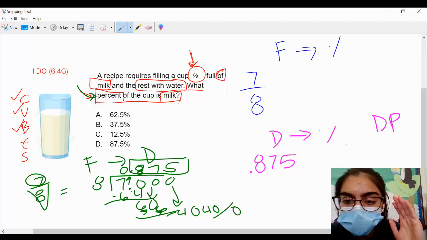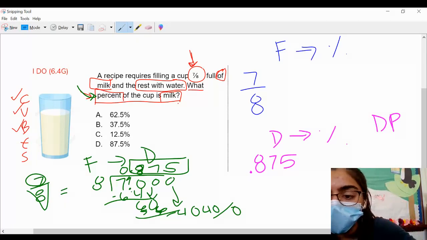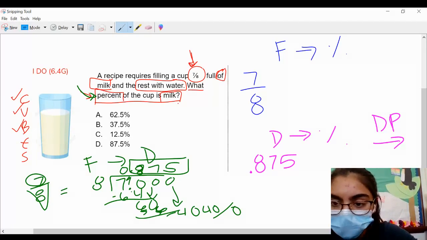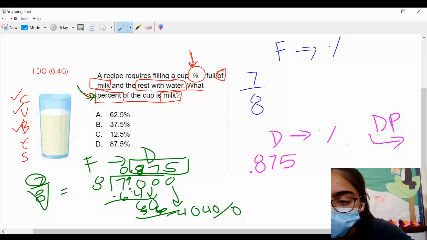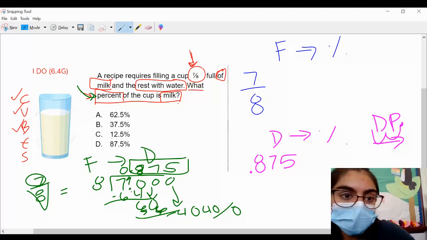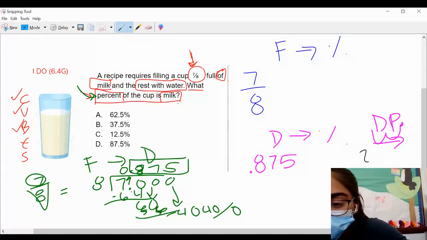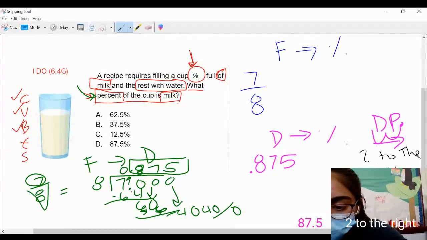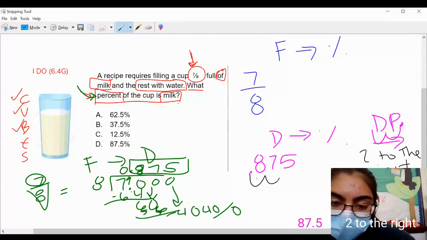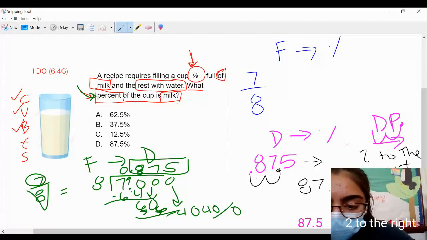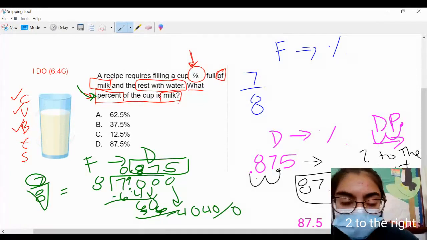Since we're going from decimal to percent, I know I'm going to go to the right to get from the D to the P. I just have to hop 1, 2 to the right. My decimal is going to go there. So it's going to be 87.5%, because all I have to do is move the decimal 2 to the right.